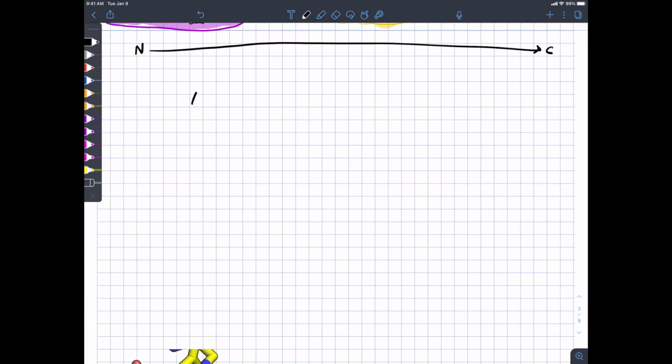Saying I want a peptide where I have alanine followed by valine from N to C is totally different than saying I want valine followed by alanine from N to C. Go home and draw these and convince yourselves they're different. They're very similar, but they're structurally different. They're not the same thing. So you have to write out your sequence from N to C. That is just assumed. If you write it the other way, you won't make the protein you think you're making.